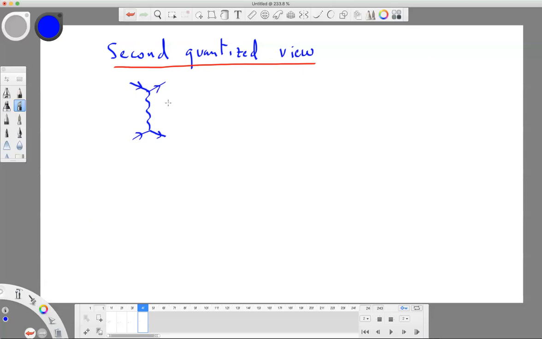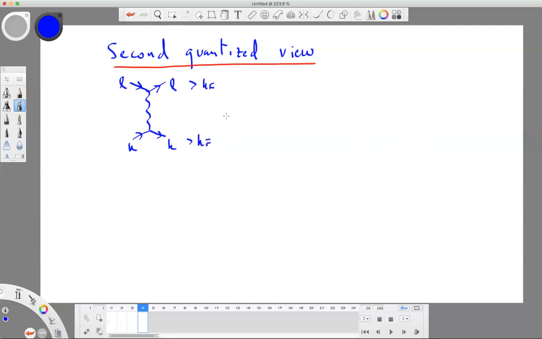We know that this cannot be possible. So if we inject K, we cannot have another particle above the Fermi sea. We know that this would be above the Fermi sea.